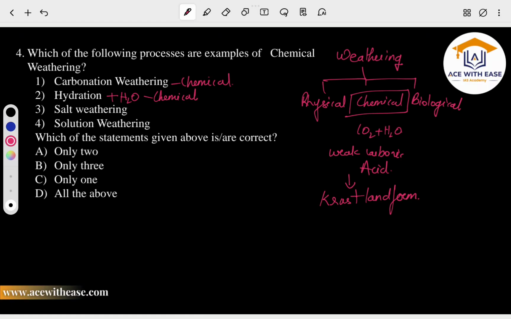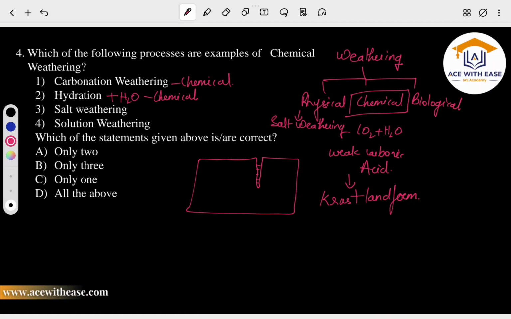Third, salt weathering. Salt weathering or salt wedging is a type of physical weathering, or we call it mechanical weathering. This is where big rocks have cracks and crevices. In the tropical region, these cracks and crevices are filled with water, and this water already has dissolved salts.